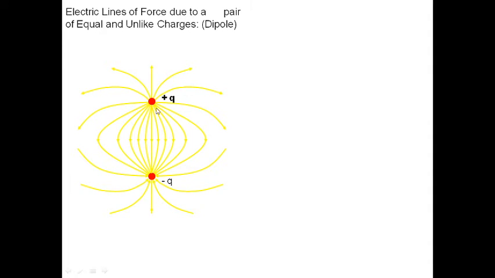Then if there is a system of two equal and unlike charges, that is also called a dipole. We will discuss it in the next topic. It means there is one positive charge and the other is a negative charge, both placed near each other, and that forms the system called a dipole. Then the field lines are shown like this.